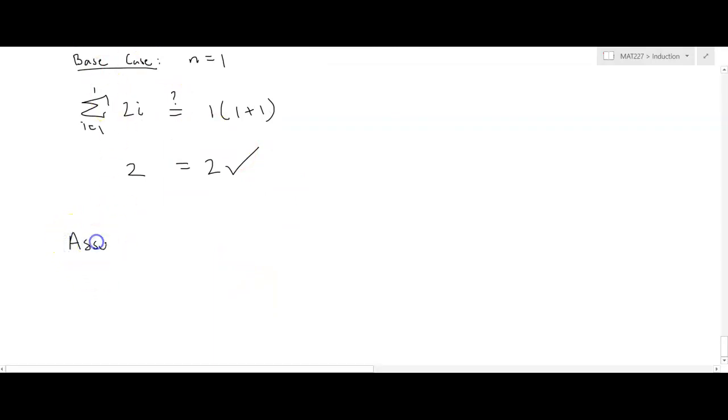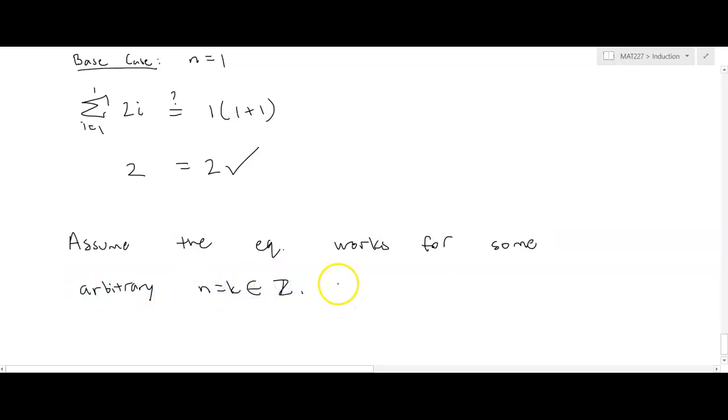So assume the equation works for some arbitrary n equals k, where k is just some arbitrary integer.